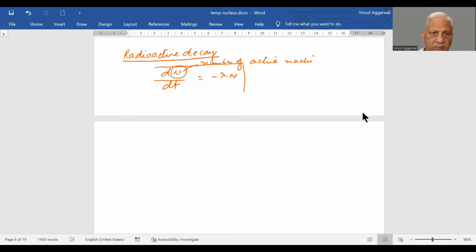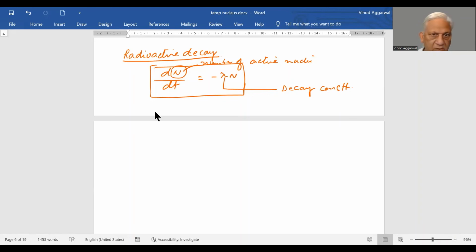This is the basic equation of decay, because the number of active nuclei is becoming lesser because of this negative sign. So the active nuclei decay and the rate at which it happens is given by this formula. Basically, it is proportional to the number of active material present at any time t, and this lambda is called the decay constant.